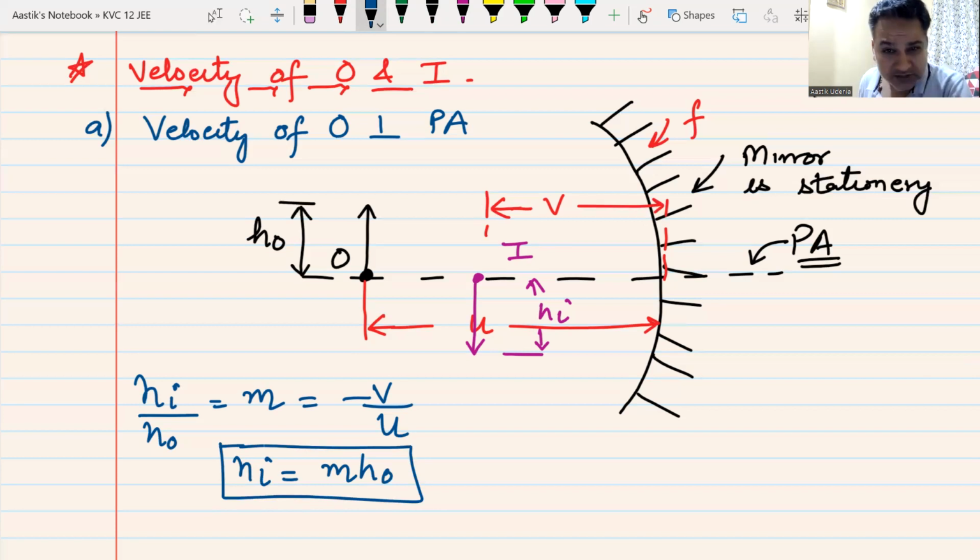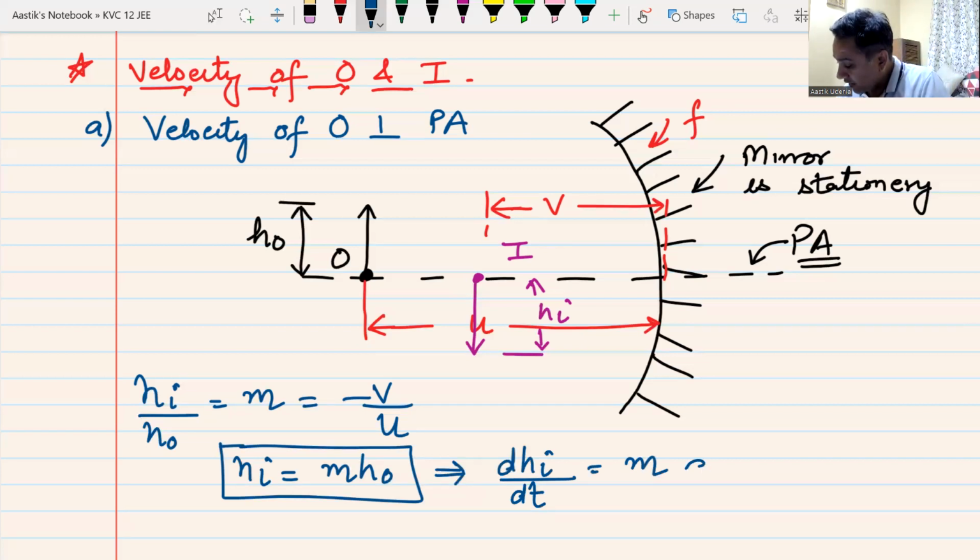I can differentiate this equation with respect to time. If I differentiate this equation with respect to time, I will get the rate of change of height of the image will be equal to M times, because M is constant, V and U are constant. The particle is going to move perpendicular to the axis. So M times dHO by dt. Do we understand this? Yes or no?